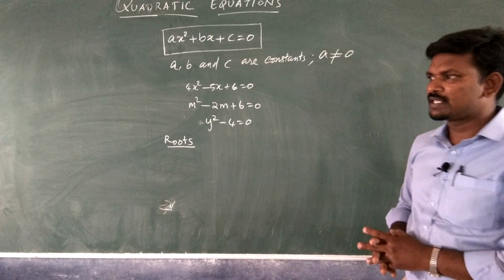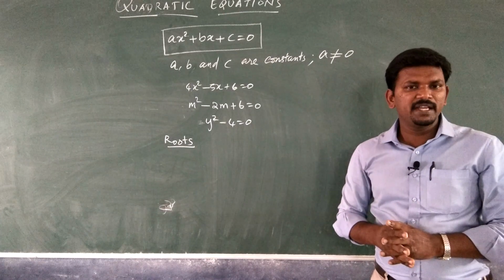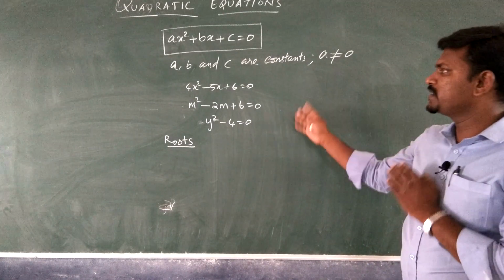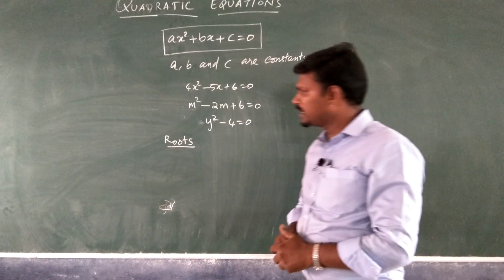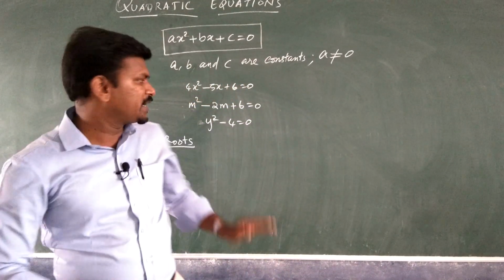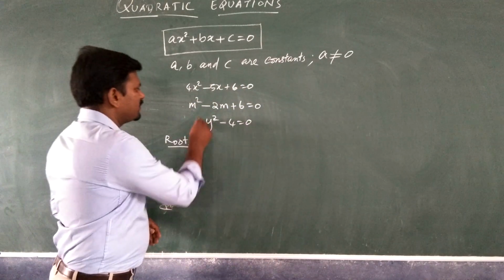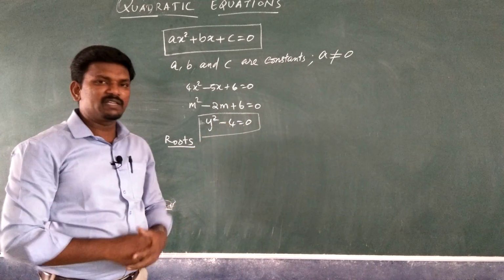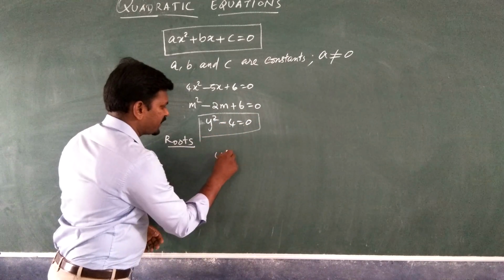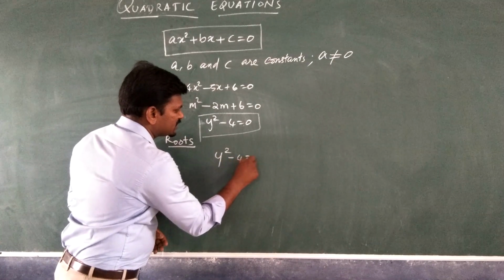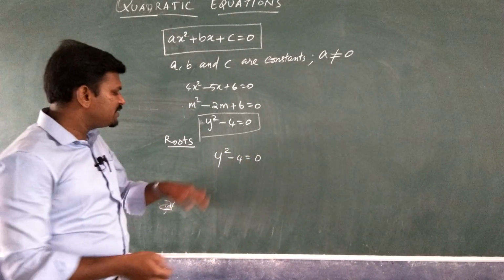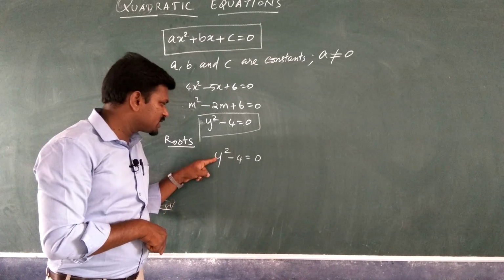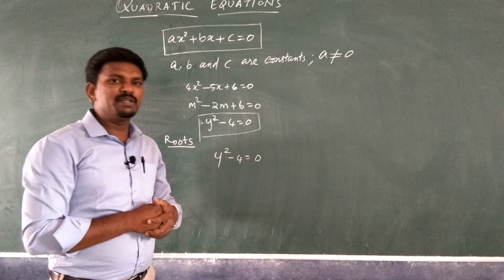The root of the equation is the value of the variable which satisfies the equation. I will explain a little more clearly. For example, we will take this equation: y square minus 4 is equal to 0. When we substitute some values, the answer will be 0.